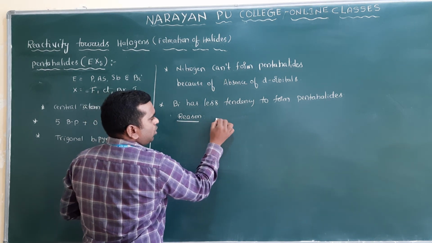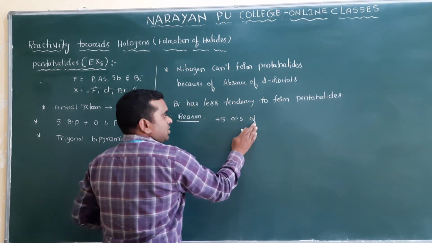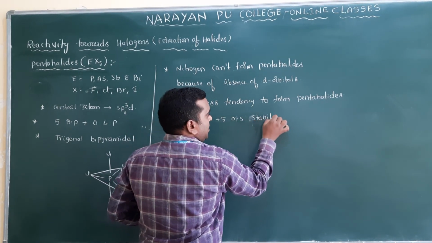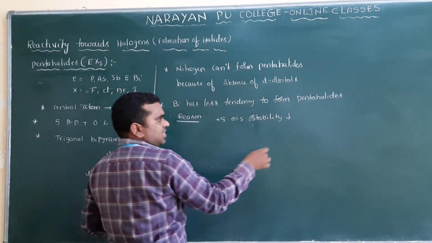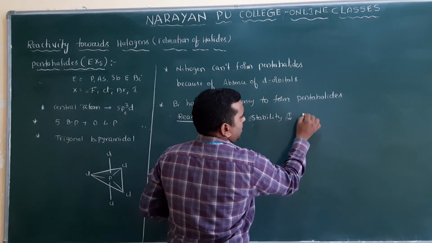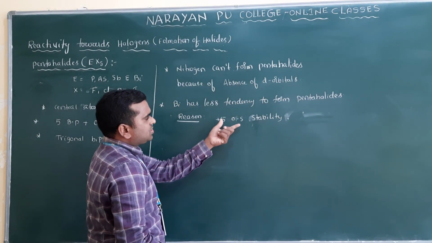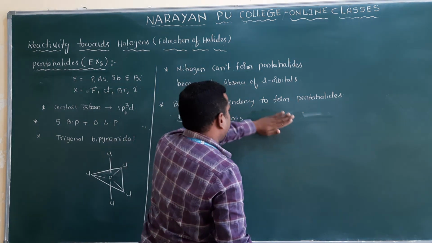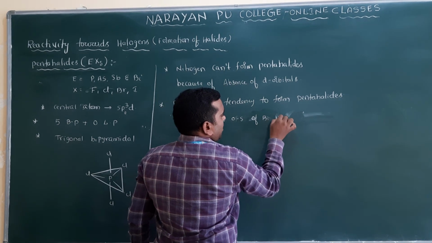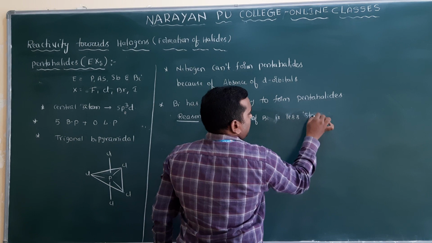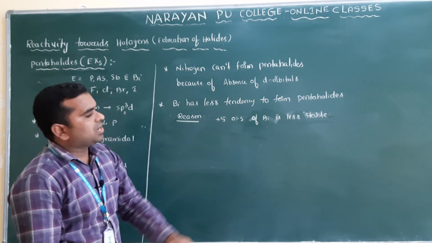The +5 oxidation state stability decreases down the group, or simply you can write that the +5 oxidation state of bismuth is less stable, compared to the +3 oxidation state. Clear?